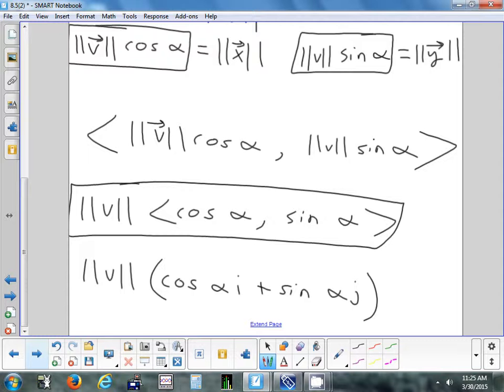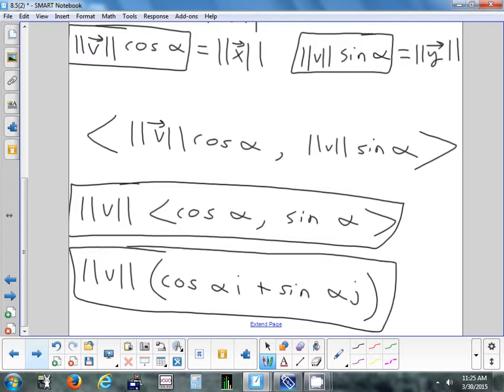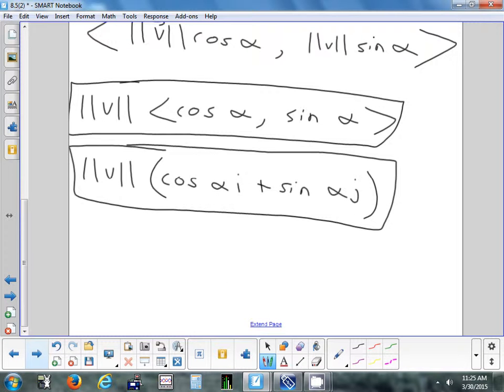It's exactly the same thing, just one uses angle brackets, one's using i and j. The second way is how your book does it. But either way is fine. Okay, so any question on that? So this is a velocity vector.